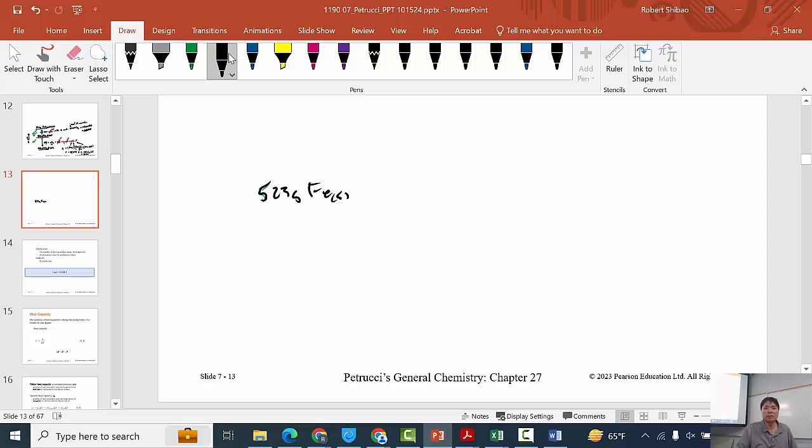Let's say this iron is at 315 degrees C. Then this iron has quite a bit of kinetic energy. Do you see that? It's a pretty hot piece of iron. But does it have much potential energy? Well, no, it's just a piece of iron.